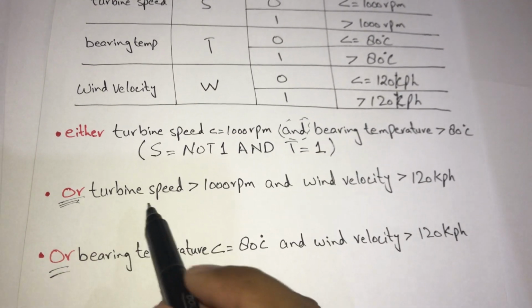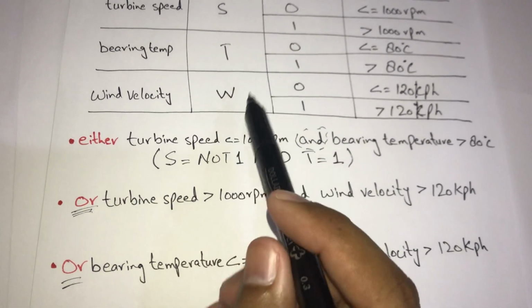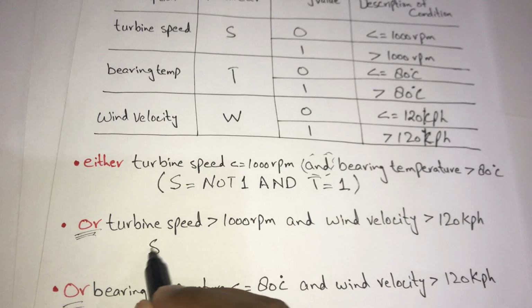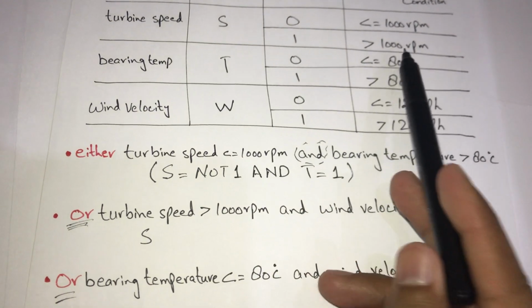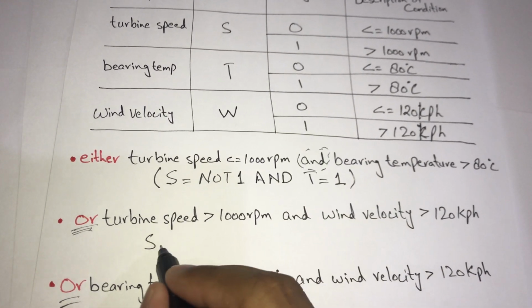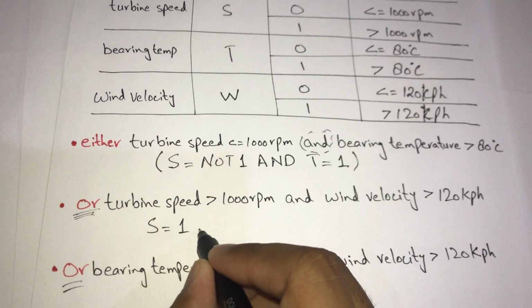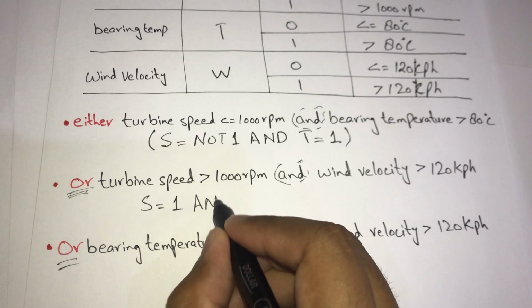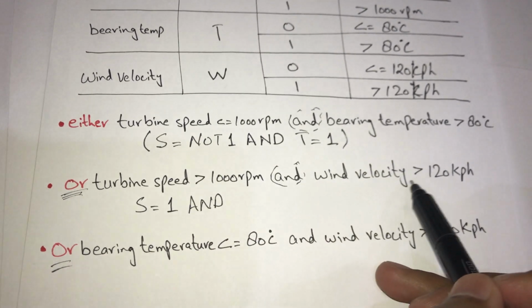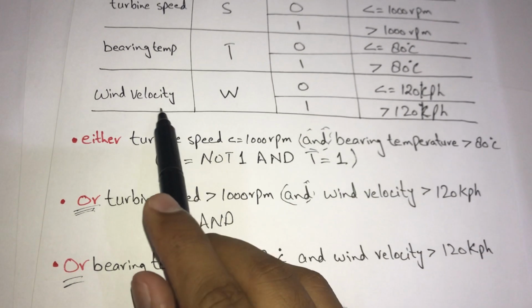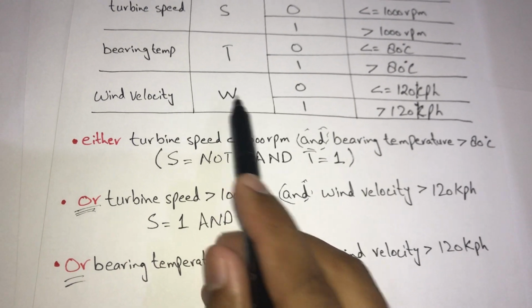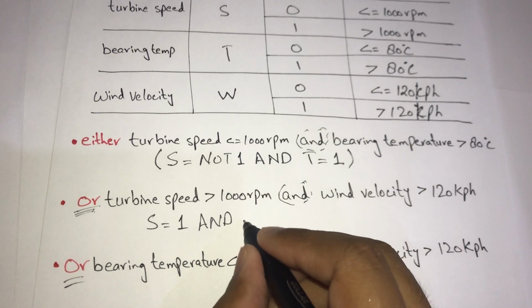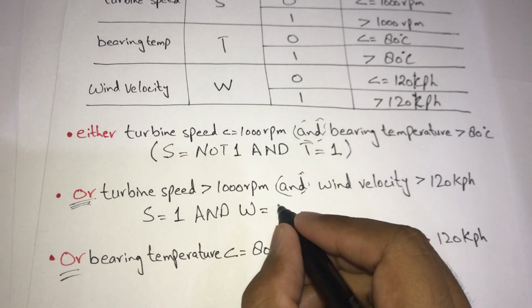For the second line, turbine speed S greater than 1000 rpm, so the binary value is 1, S is equal to 1, and this is the AND gate. Wind velocity greater than 120 kph, so the binary value is 1. So W is equal to 1.